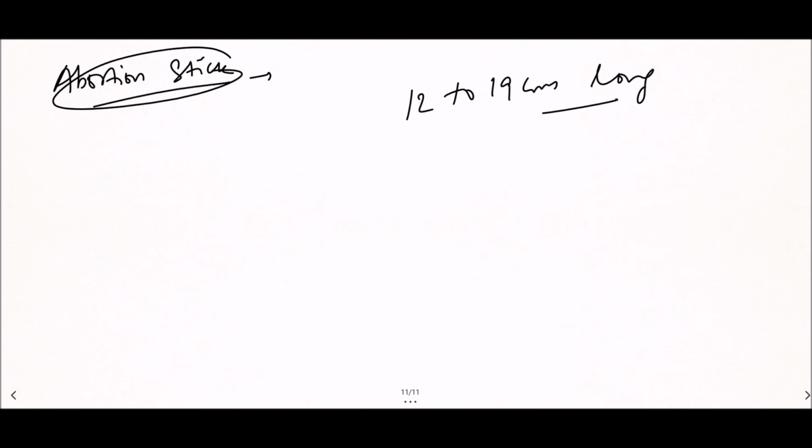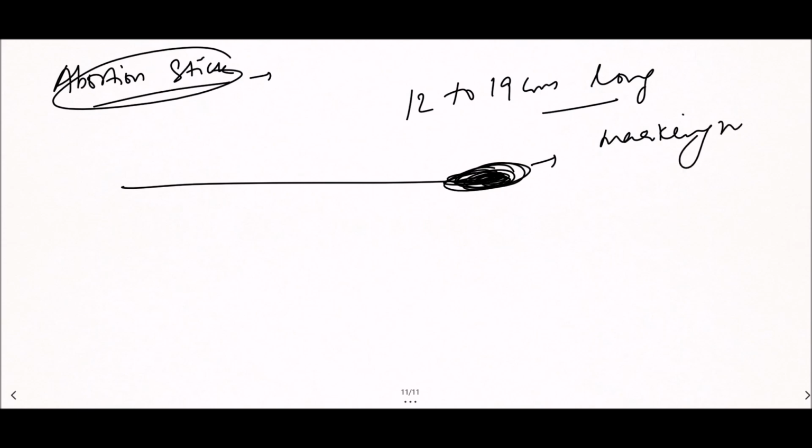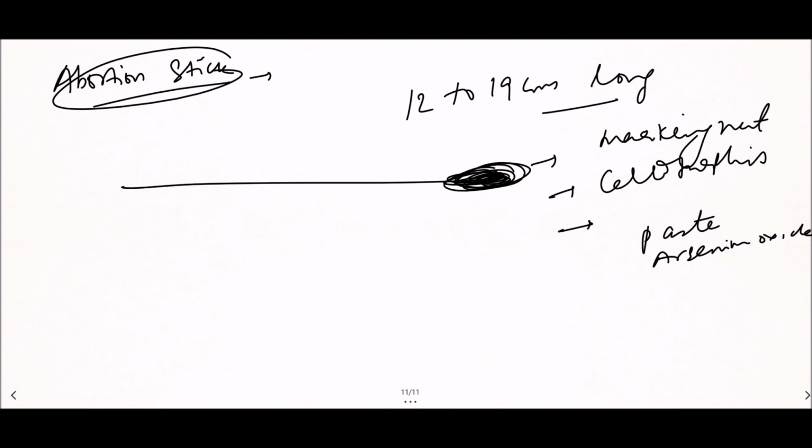It is wrapped at one end and for the greater portion of its length with cotton wool or a piece of cloth, soaked with the juices of some irritating substance like marking nut or calotropis, or various pastes made up of arsenious oxide, mercury sulfide or red lead.